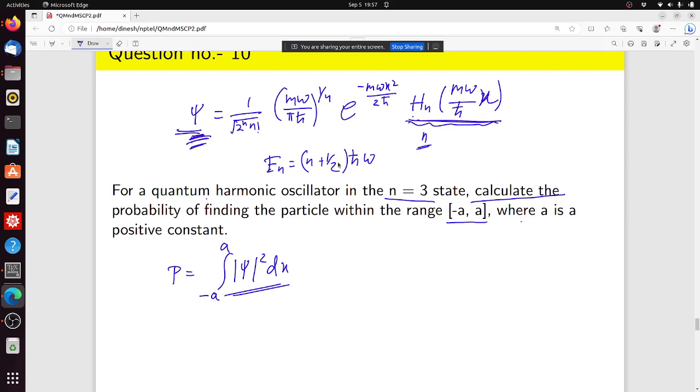This polynomial, let me tell you, H of 3 and n is 3, if it is a function of z, it will have 8z cube plus 2z. Okay, so z is m omega over h cross for you, so you just put it in and do this integration. It's pretty simple, right? It's the same procedure.